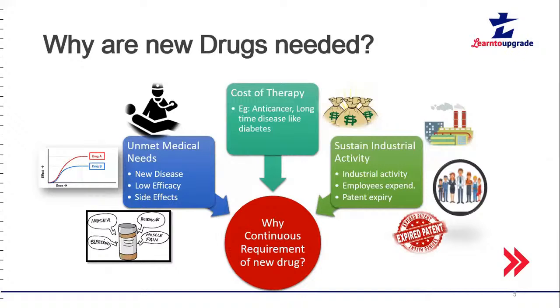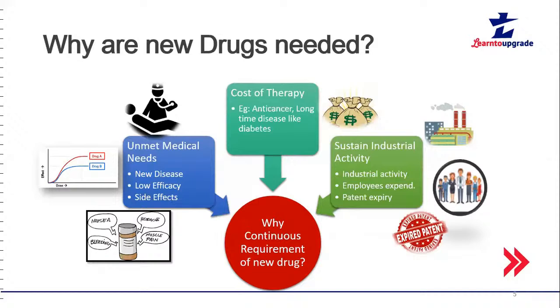Another reason is sustained industrial activity. Of course, this is very important from the perspective of industry, especially the brand companies like Pfizer, GSK, Novartis, Eli Lilly, and Merck, which have brand products in the market.